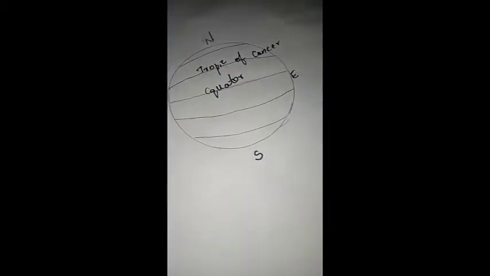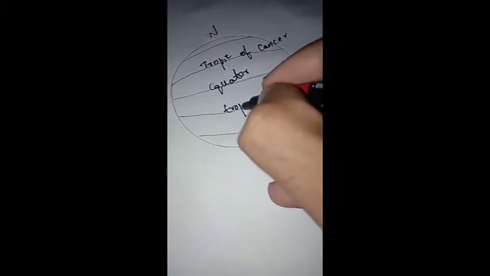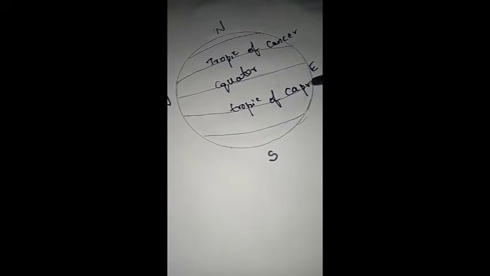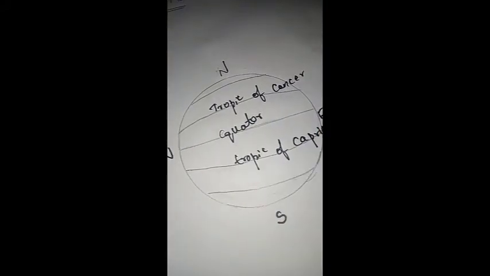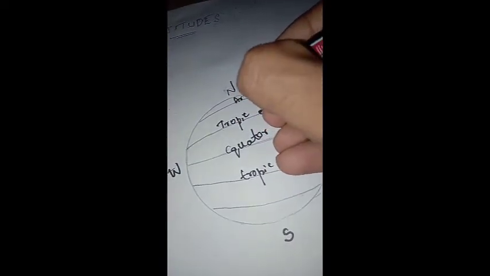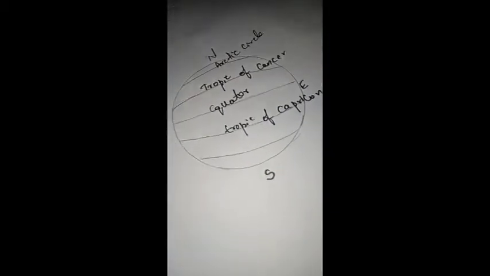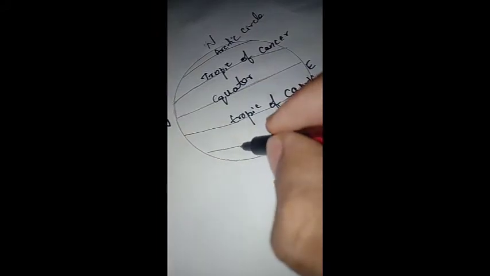Below the equator is the Tropic of Capricorn. Above the Tropic of Cancer is the Arctic Circle. Below the Tropic of Capricorn is the Antarctic Circle.